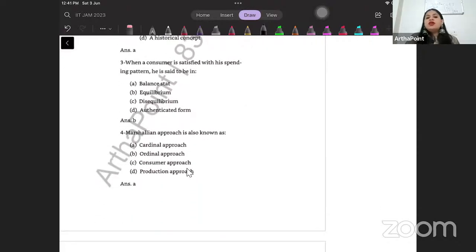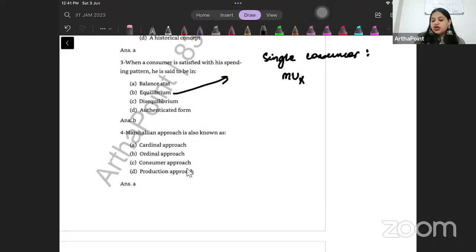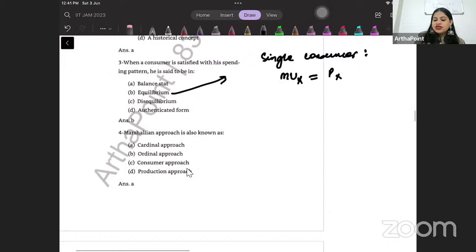Come to the next question, beta. When a consumer is satisfied with his spending pattern, he is said to be in, we know, equilibrium. And when is equilibrium reached? In case of single commodity, when marginal utility is equal to price. And when is equilibrium reached in two commodity case?